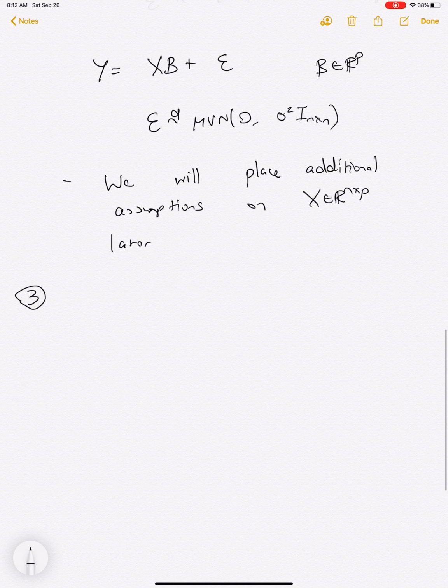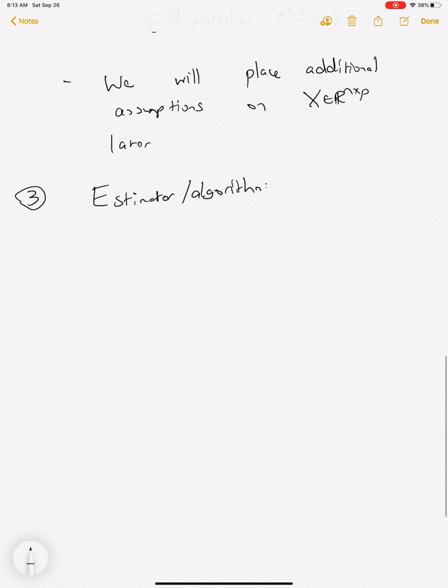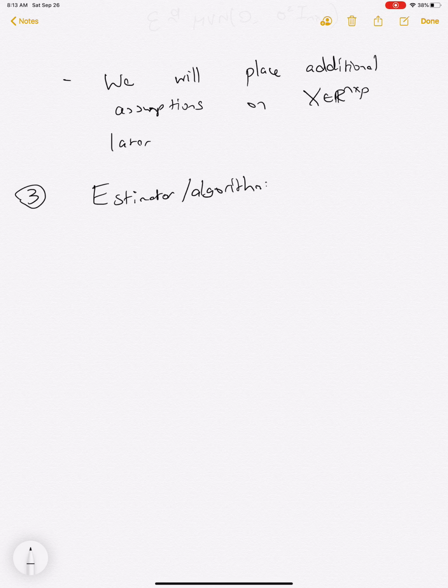Okay, so the third aspect of the framework is the estimator / algorithm. So this is where we're going to use regularization.